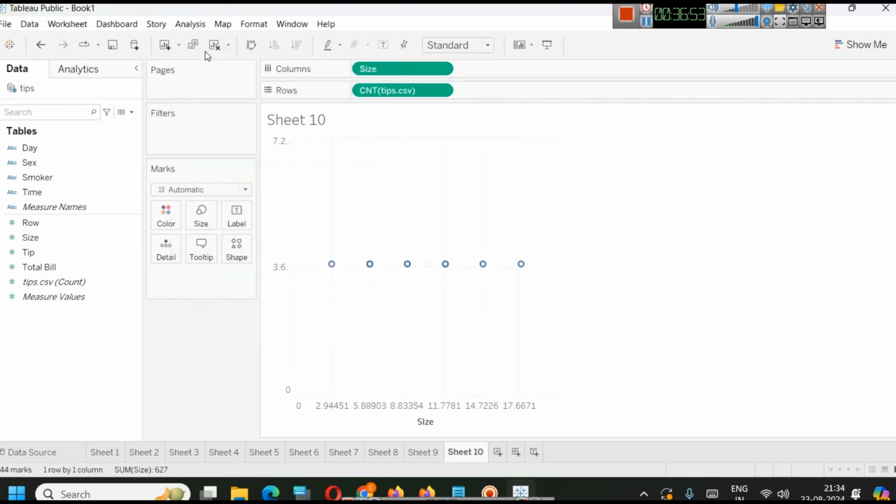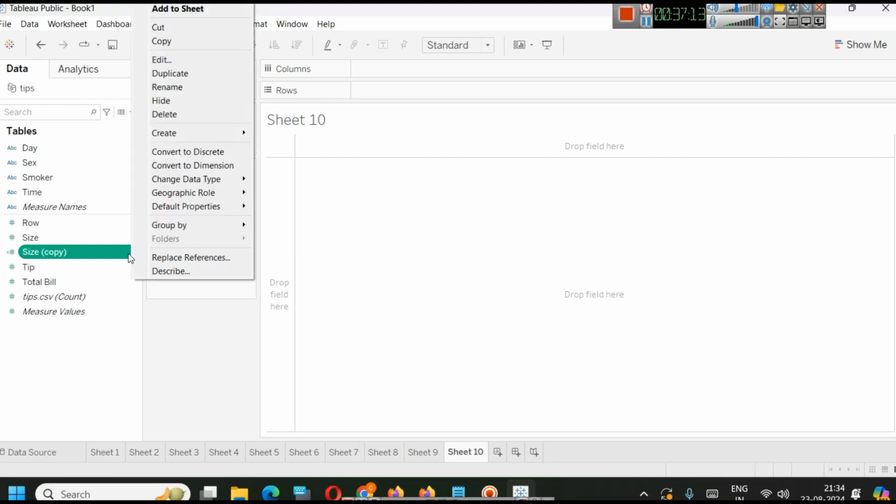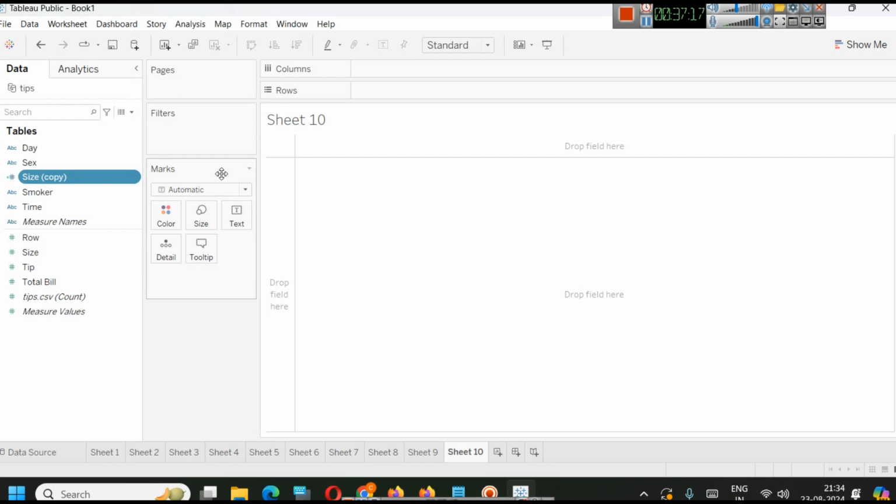So this way we get the count, but it is giving 111. So these type of variables like size, which is a discrete value, what we can do is we can duplicate it, okay, and convert it to dimension. Do you get my point?